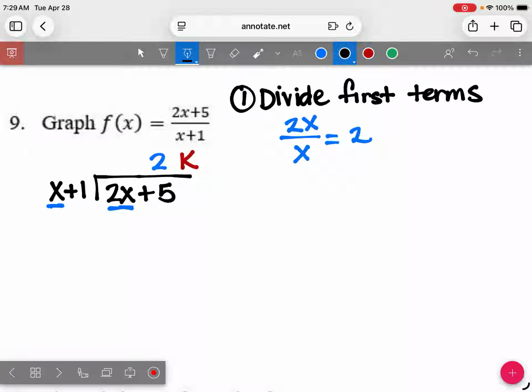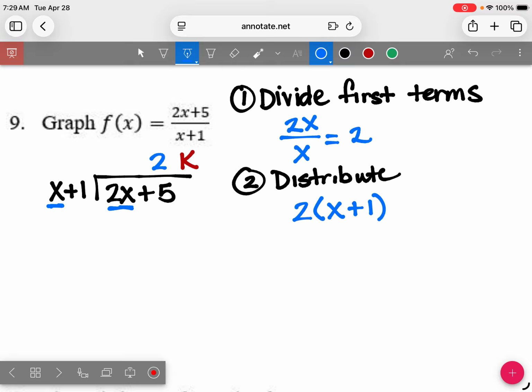Step number 2 is distribute. So I'm going to take that 2 that I got, and I'm multiplying it by my denominator, which is X plus 1. So go ahead and do that.